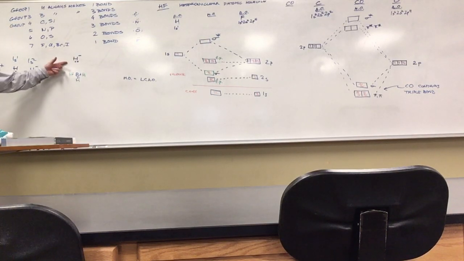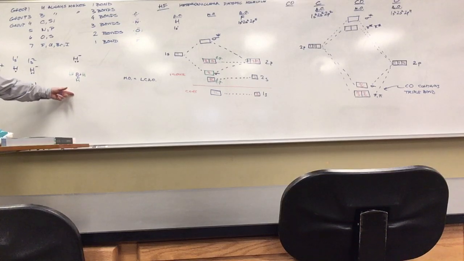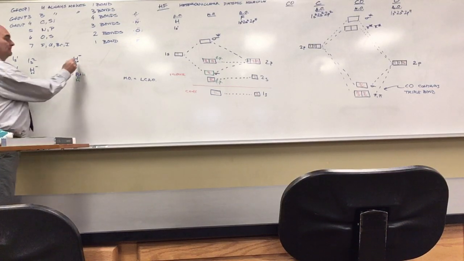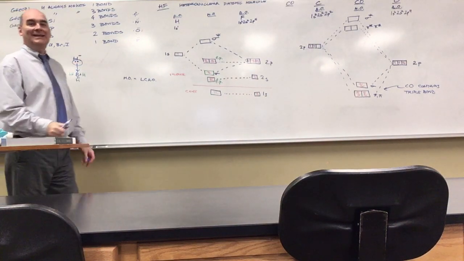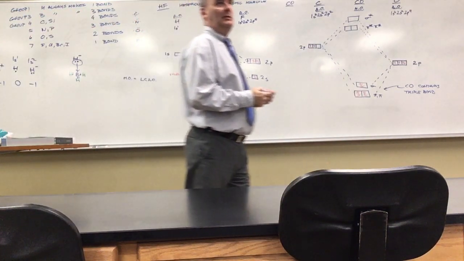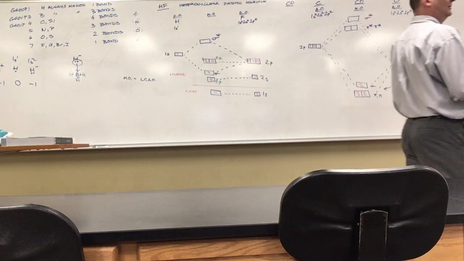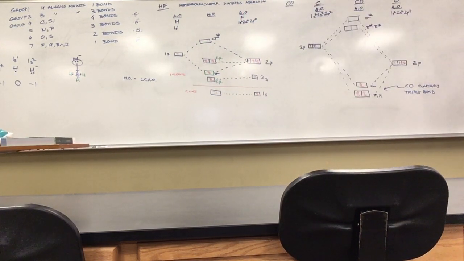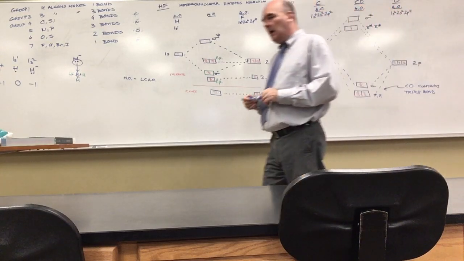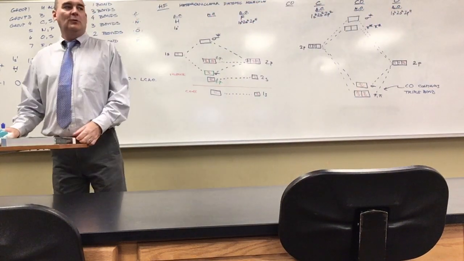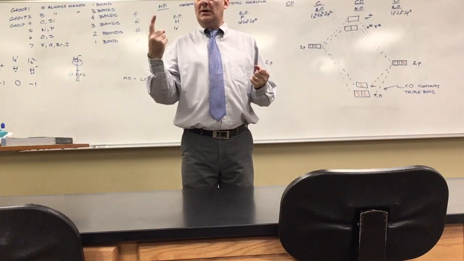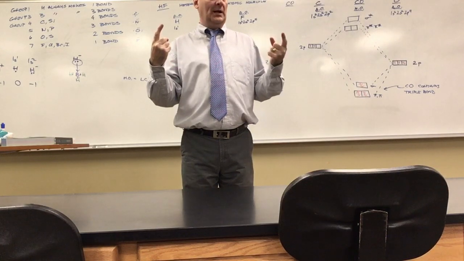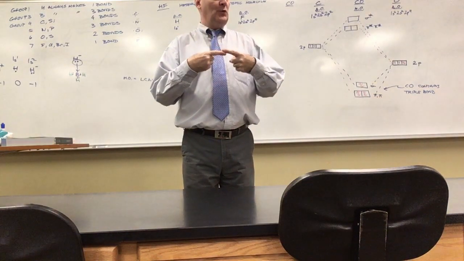If I introduce Mr. Hydride to Mr. Borane, hydride gives both of its electrons to the boron. Is that a covalent bond? Yeah. We've become very, very accustomed to covalent bonds being one electron here and one electron there, shared between two atoms.